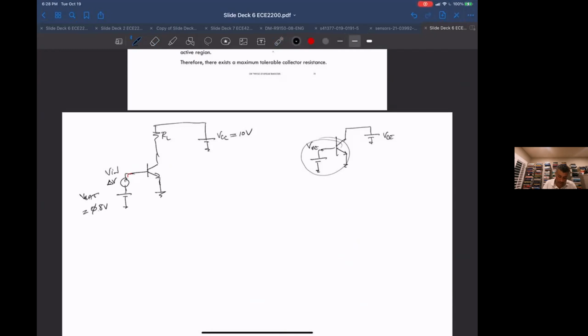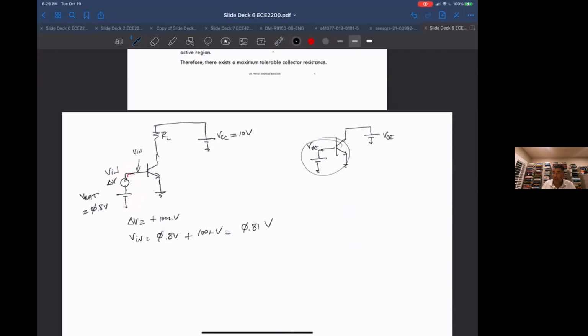So I'm going to have a voltage source on top of a battery. That means, for example, if delta V is plus 100 millivolts, the voltage at this node, V in, is equal to 0.8 volts plus 100 millivolts. So it's going to be equal to 0.81 volts.